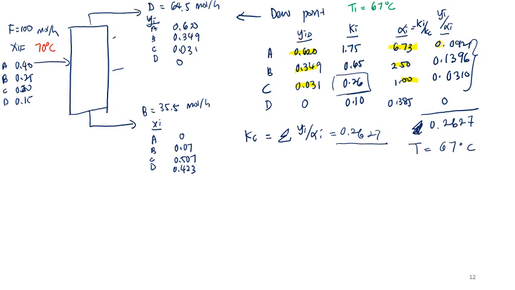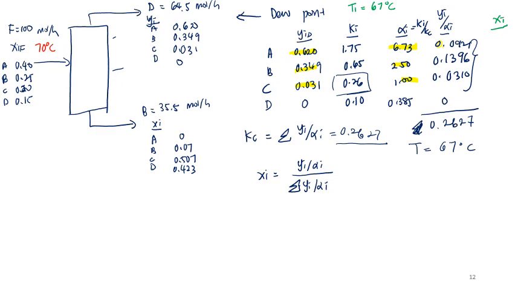And then you can use that to calculate the Xi. So for this dew point, Xi is equal to yi over alpha I divided by the summation of yi over alpha I. So you can do that here to calculate the mole fraction of the liquid in equilibrium with the vapor.